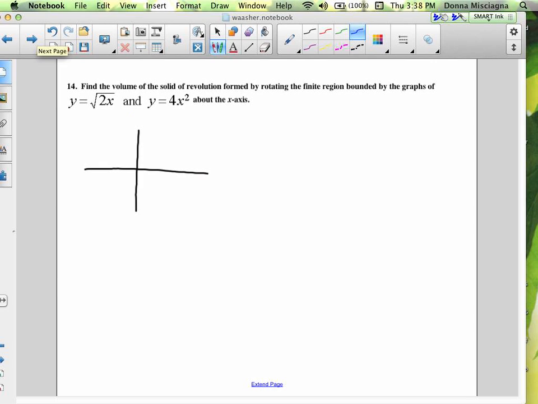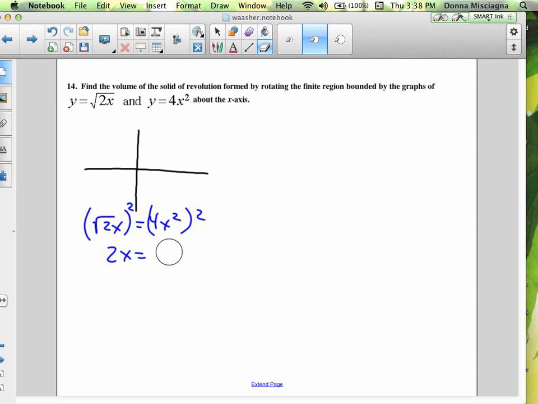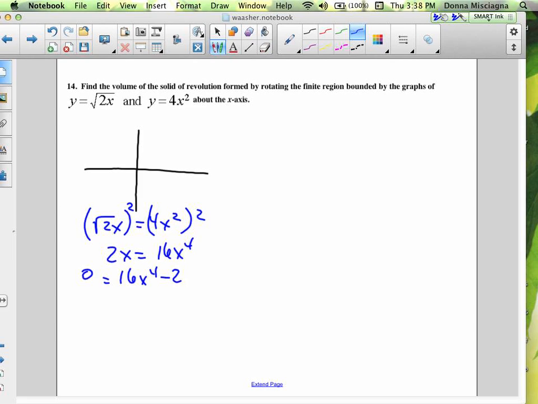So we have the square root of 2x equals 4x squared. We'll square both sides. So we have 2x equals 16x to the fourth. Move everything to one side, so 0 equals 16x to the fourth minus 2x.